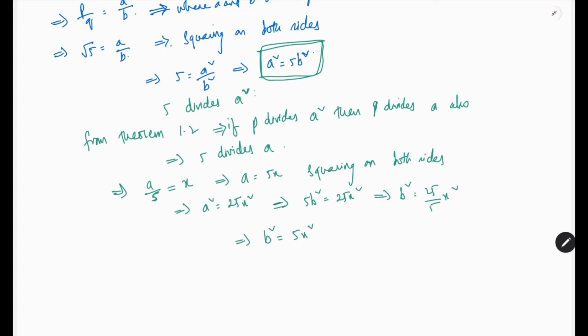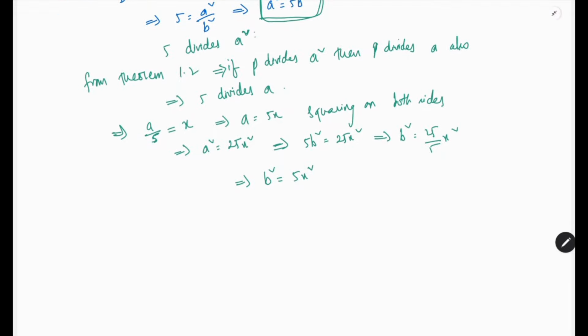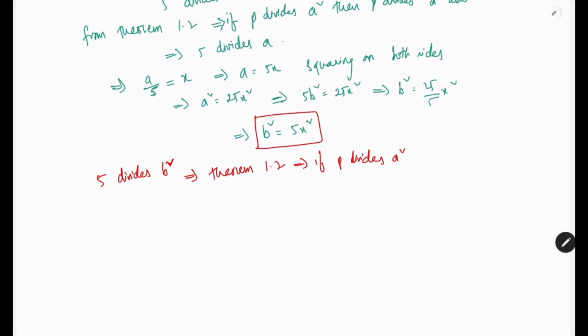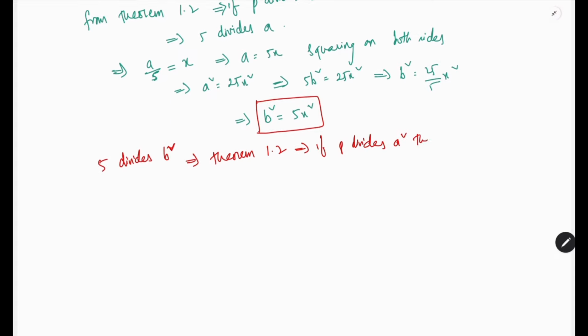This equation tells us that 5 divides b square. So from theorem 1.2, if p divides a square, then p divides a also.